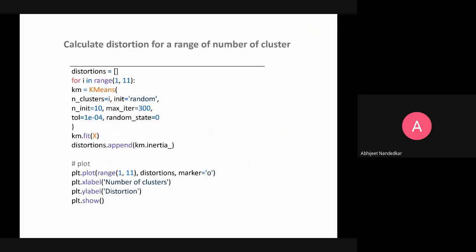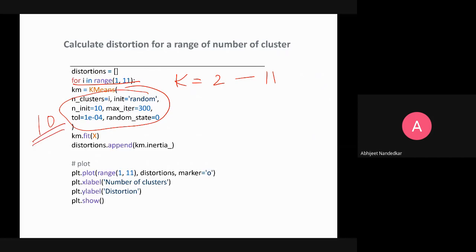Now this is a sample code to do that. What we do here, we take a range of k. So k here is 2 to some 10. Then we execute k-means so many times, suppose 10 times.